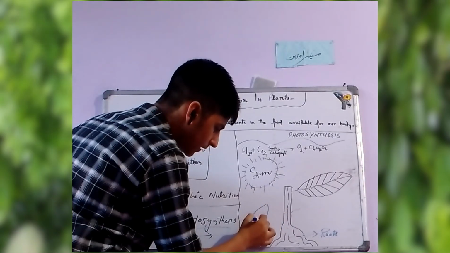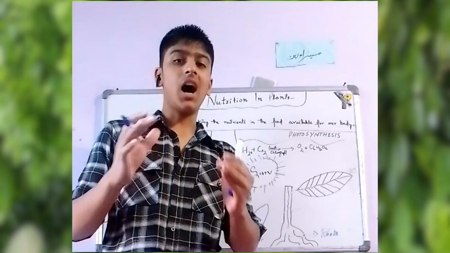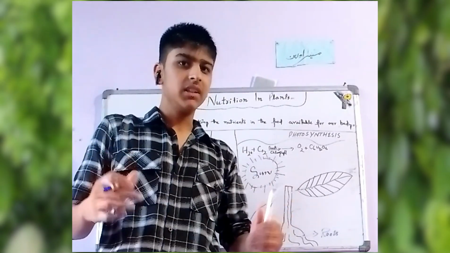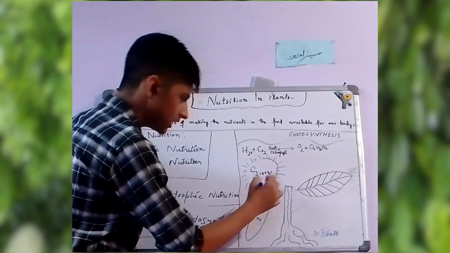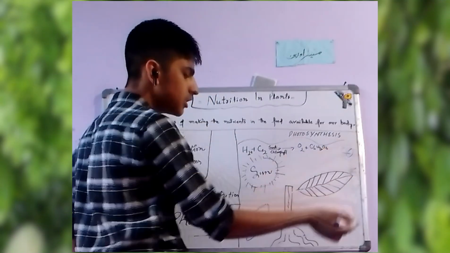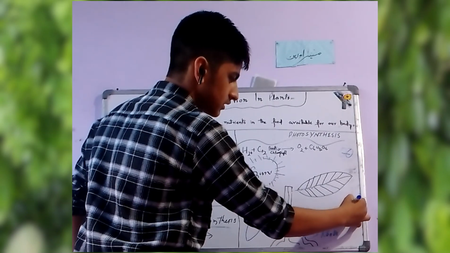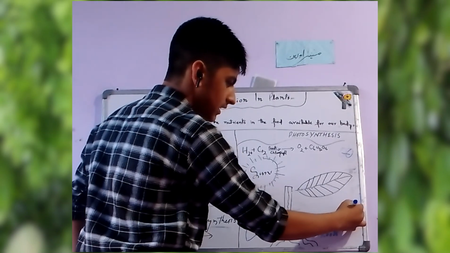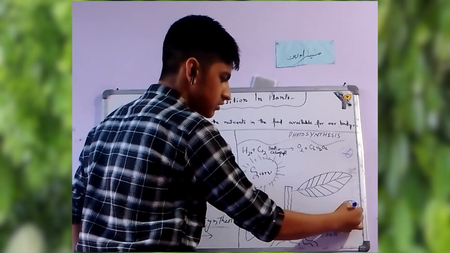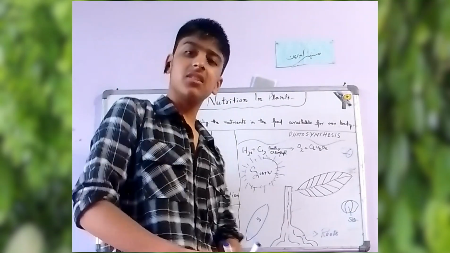These are tiny openings formed between the cells. When the cells are filled with water, they become turgid and form a space between them. This is called a stoma.